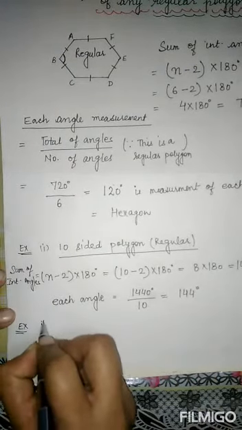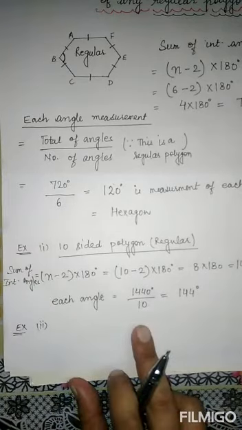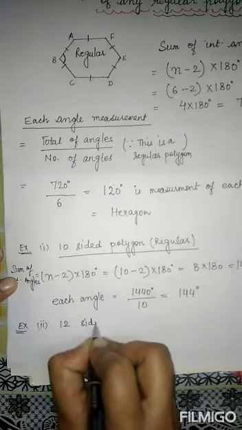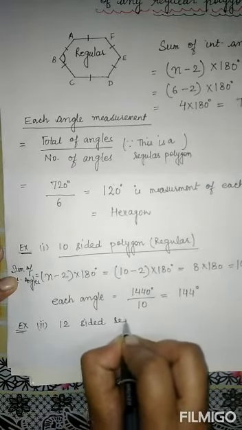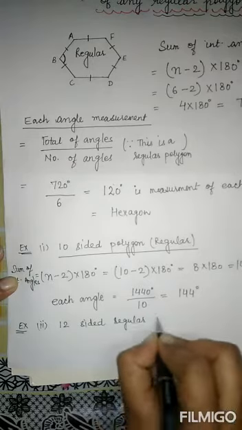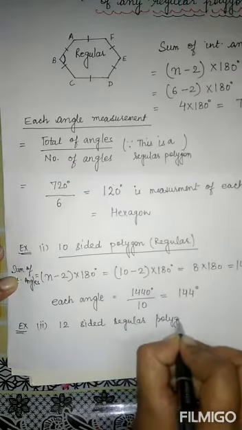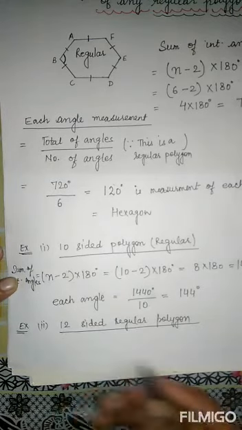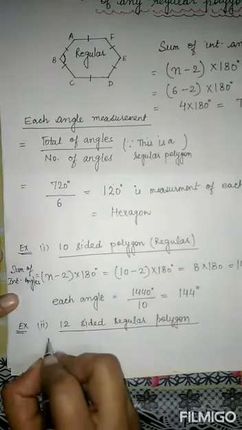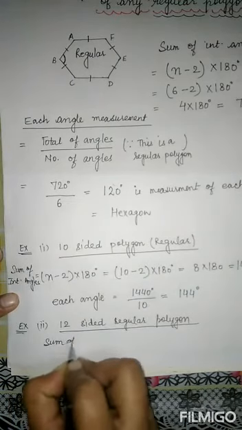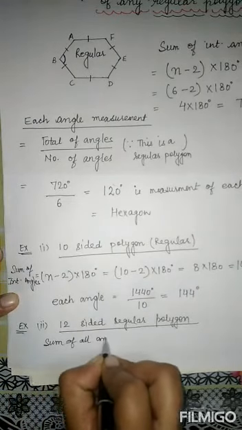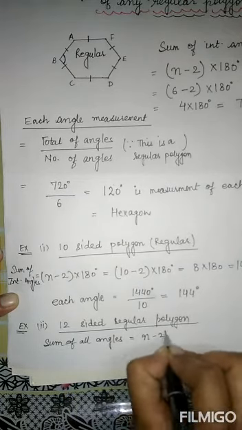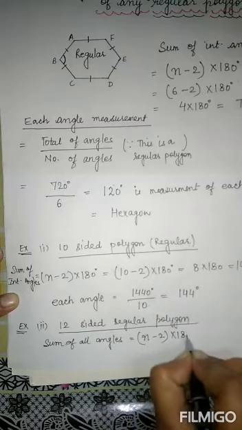Okay, let us take any other example. If we have to find each angle in a 12-sided regular polygon, first of all we need the sum of all angles, which will be (n minus 2) multiplied by 180 degrees.